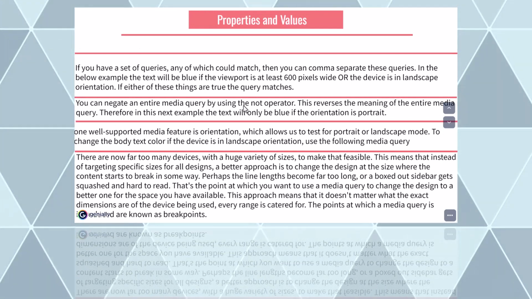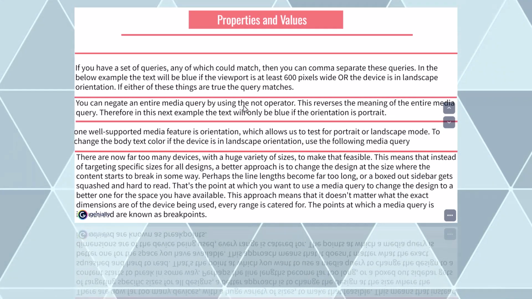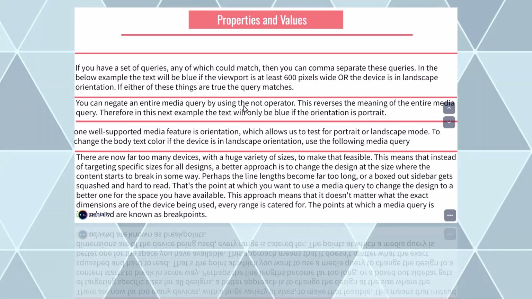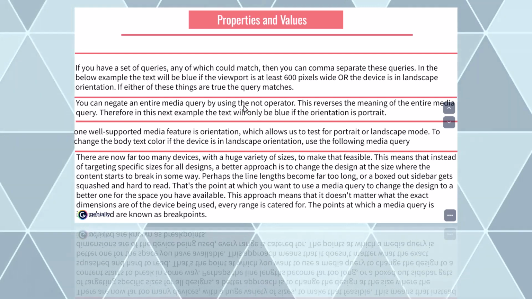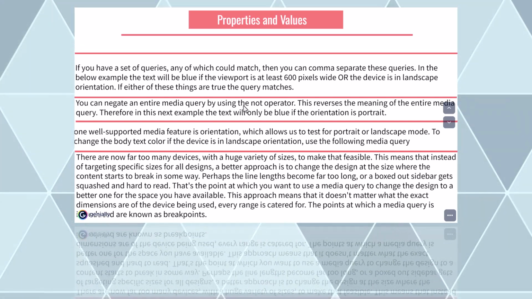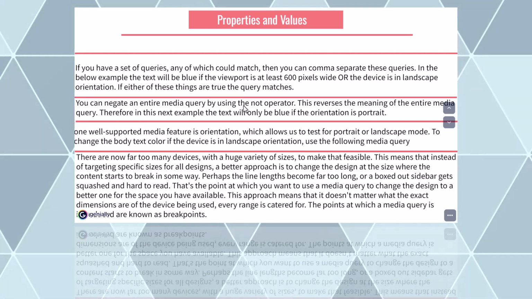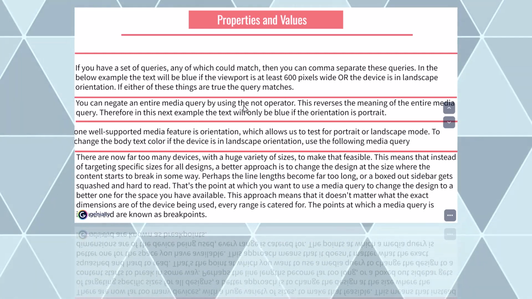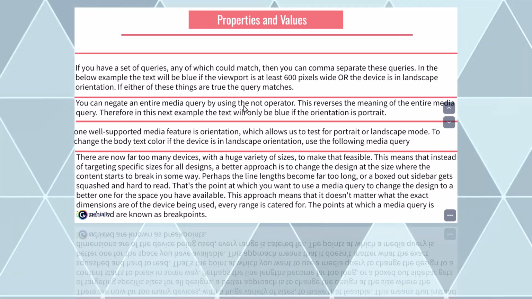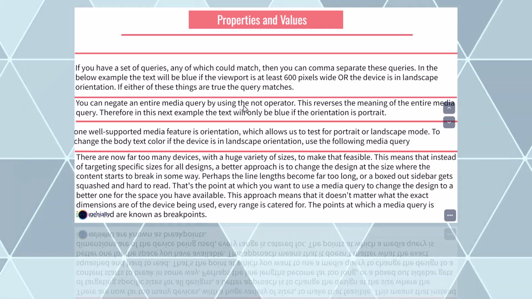There are now far too many devices with huge variety of sizes. To make that feasible, this means that instead of targeting specific sizes for all designs, a better approach is to change the design at the size where the content starts to break in some way. Perhaps the line lengths become far too long, or a box out of sidebar gets squashed and hard to read.